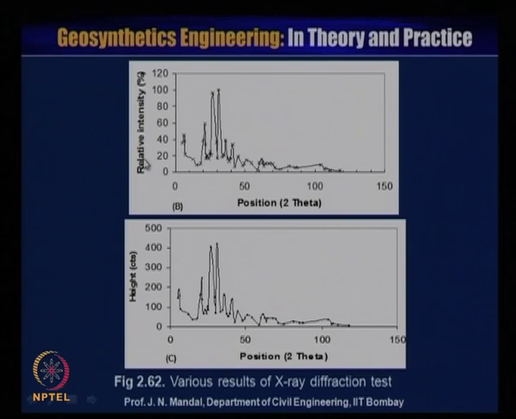So this figure shows the result of the X-ray diffraction test between the relative intensity, in percentage, and the position of 2 theta, and this figure shows the height with the position of 2 theta.